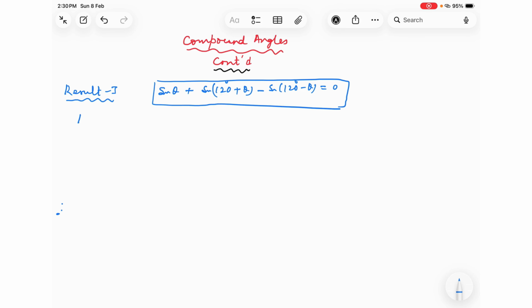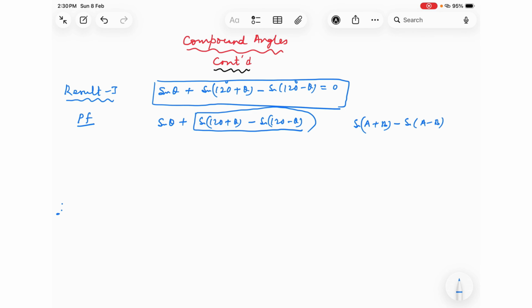Now we'll discuss a small proof for that. Remember, sine theta plus sine (120 plus theta) minus sine (120 minus theta). If you see very carefully these two terms, it is in the form of sine (A plus B) minus sine (A minus B), which we have discussed in our earlier video.